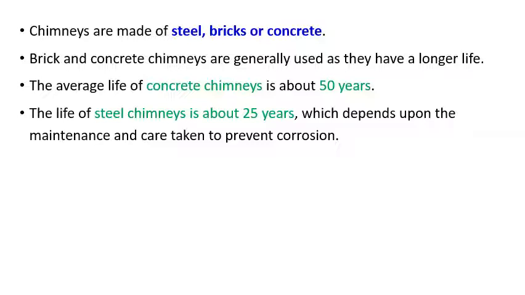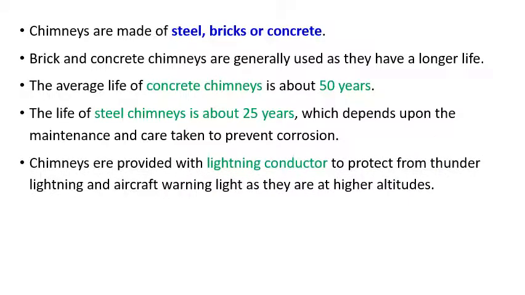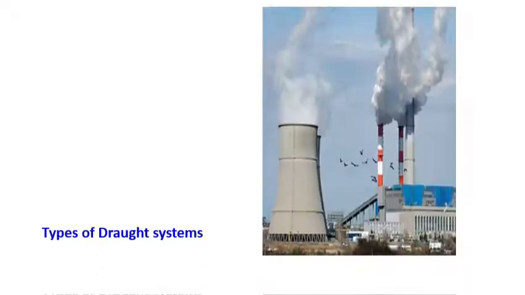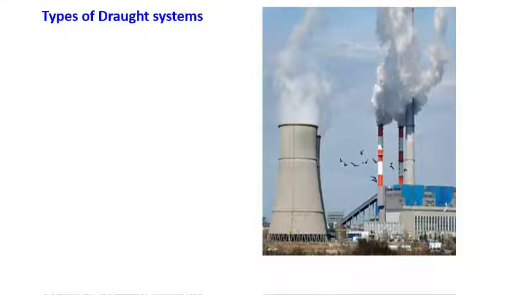Since solid fuel like coal has more sulfur compared to liquid or gas, the design of the chimney plays a very important role. One more important thing: because it is tall, a lightning conductor has to be incorporated.